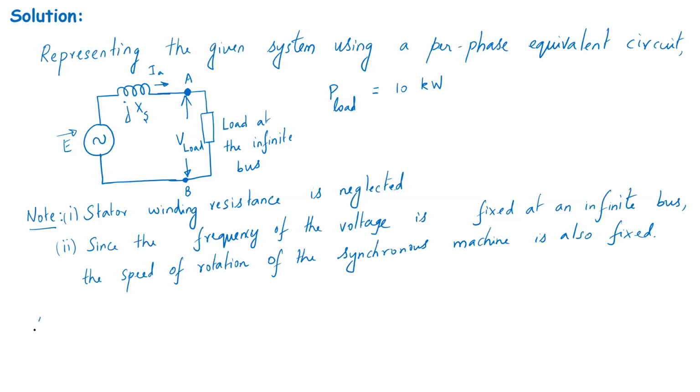Now, assuming the load voltage, which is nothing but the terminal voltage of the synchronous machine, as the reference phasor, as the reference quantity. What do I mean by that?